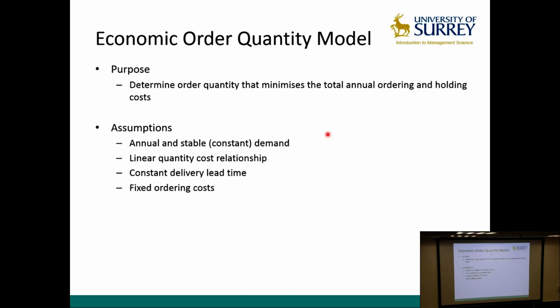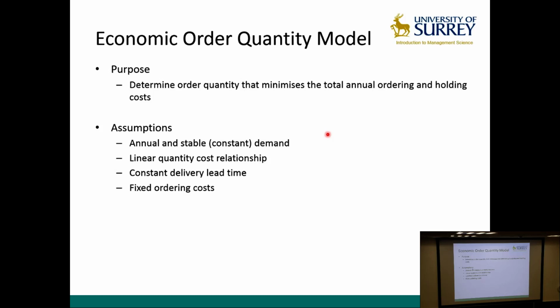We need to determine, based on certain conditions, how many units we need to order each time we want to replenish inventories. The purpose of determining order quantities is minimizing the whole cost, because we discussed a lot of costs: ordering costs, holding costs, and shortage costs. We hope to minimize those costs while at the same time meeting the demand from our customers.